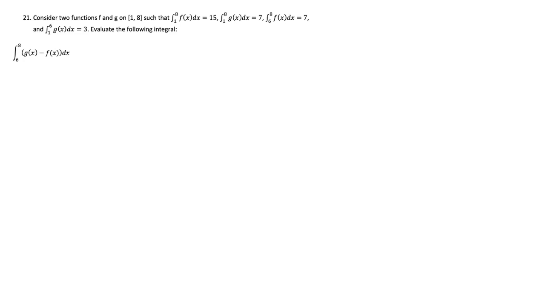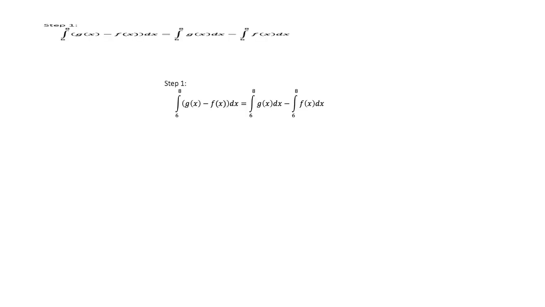We want to know what's the integral from 6 to 8 of g of x minus f of x. Step 1, we would apply properties of integrals, and in this case we have the integral from 6 to 8 of g of x minus the integral from 6 to 8 of f of x.